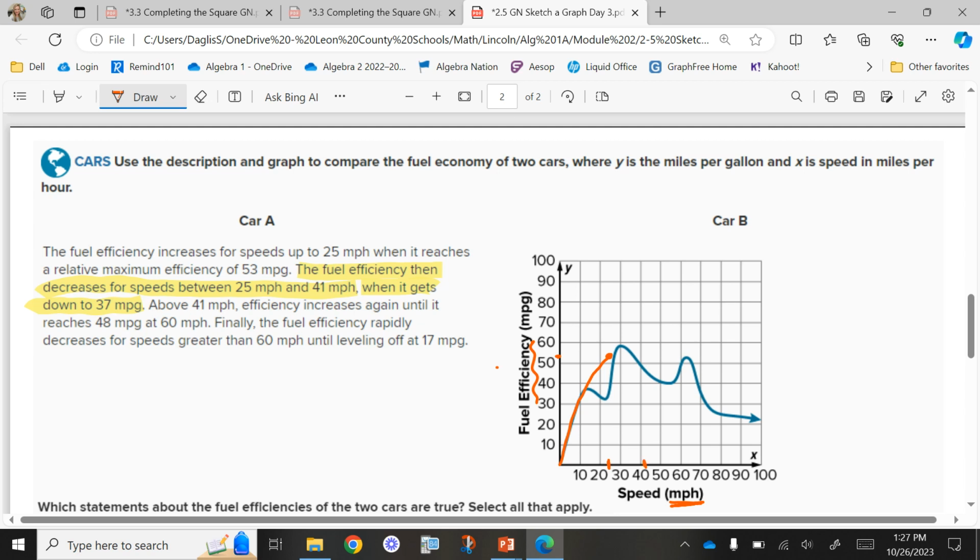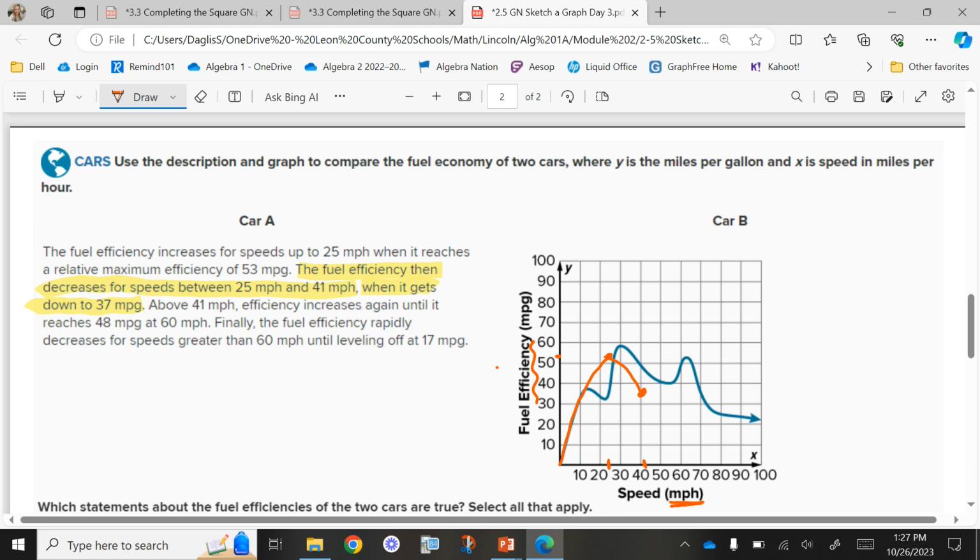And it's going to be 37 miles per gallon. So about right here. Does that make sense? So I'm extending across until I hit the 41 miles per hour. And my efficiency dropped down to 37. So we're going to go down to hit there.